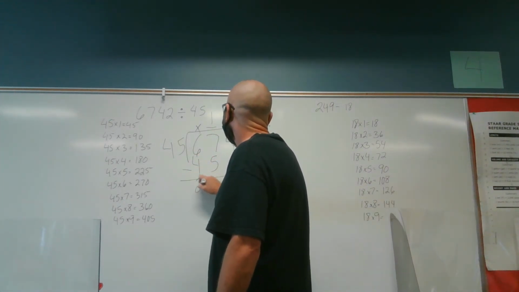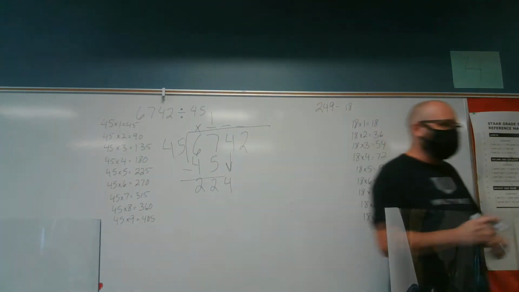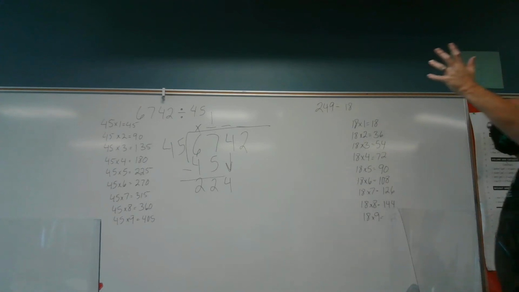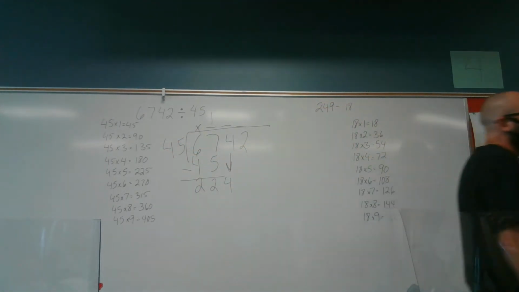Subtract, and I get 22. And I bring down the 4. Now I ask myself, self, will 45 go into 224? Myself says? Yes. So now I go over here and I look at my multiples of 45.